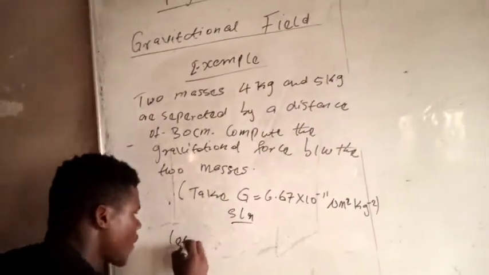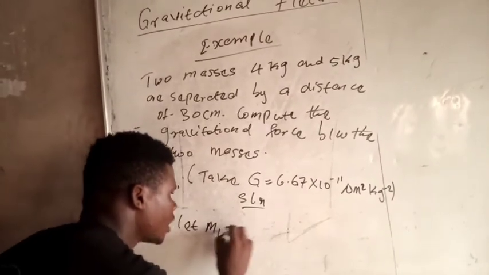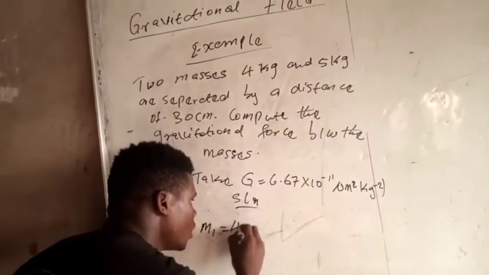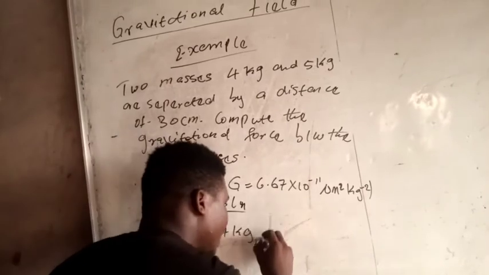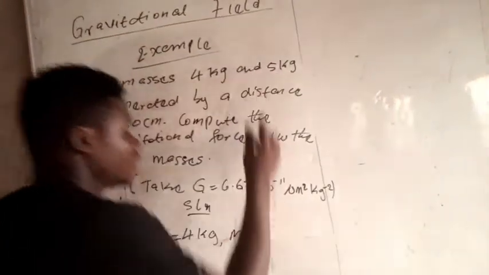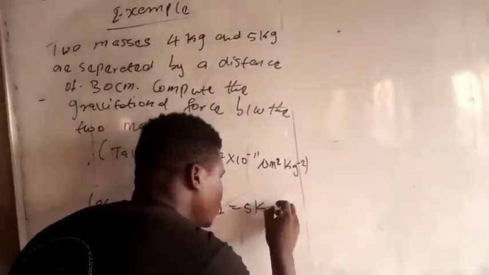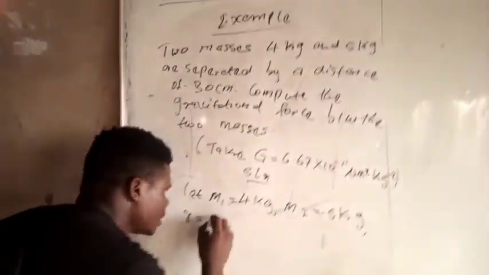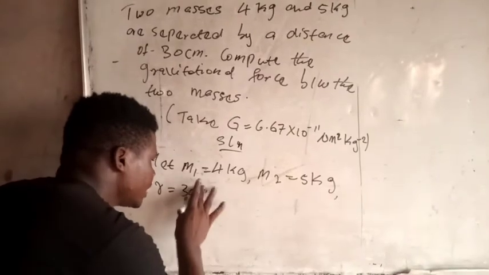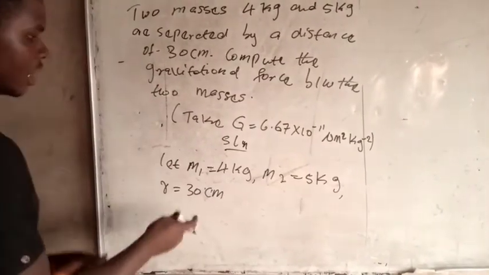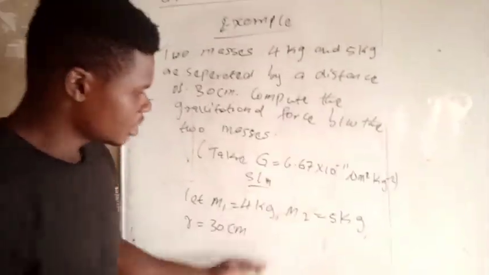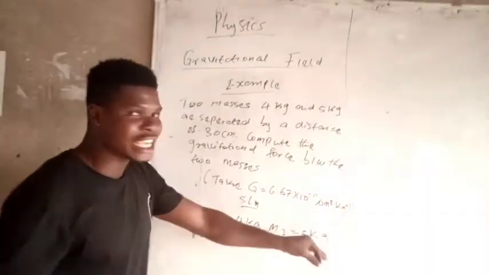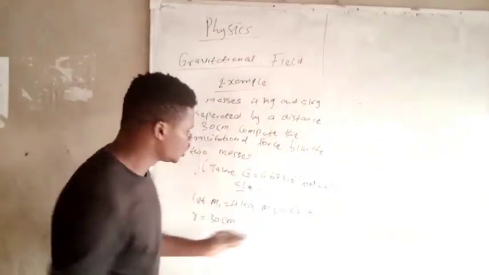Let M1 equal to 4 kilogram and M2 equal to what? 5 kilogram. Our R, which is the distance, is equal to 30 centimeter. Now, if you look at the two masses, they are in their respective SI units, which is what?